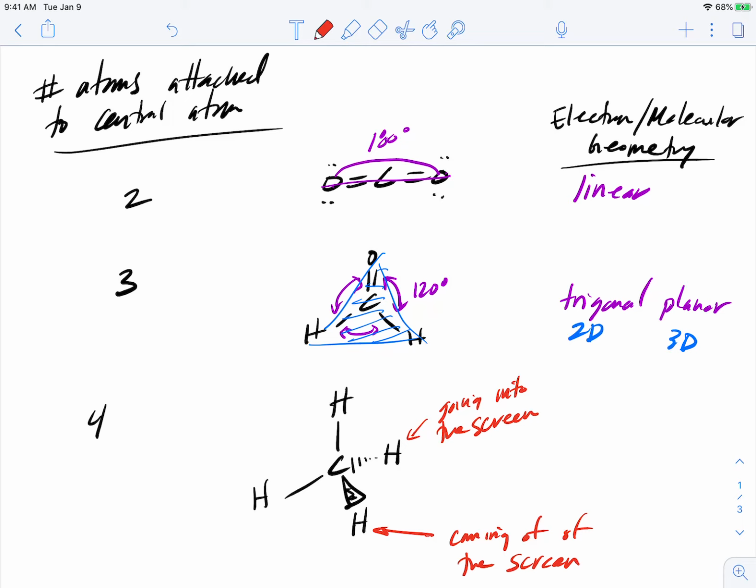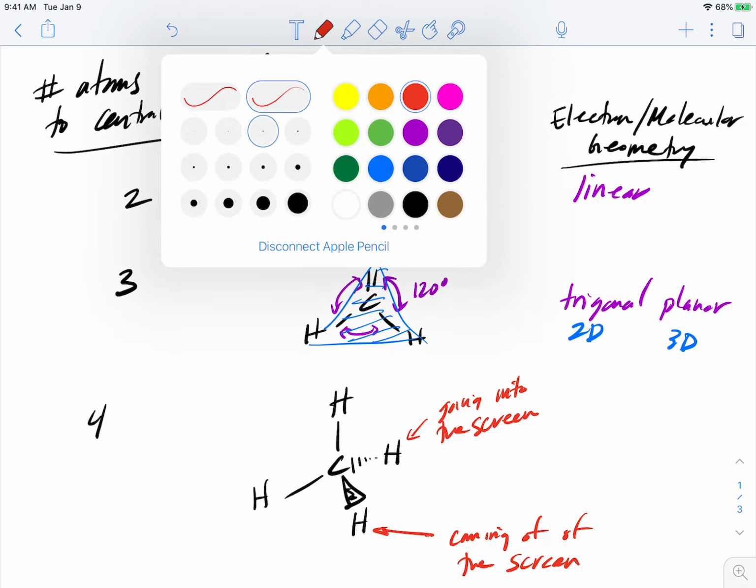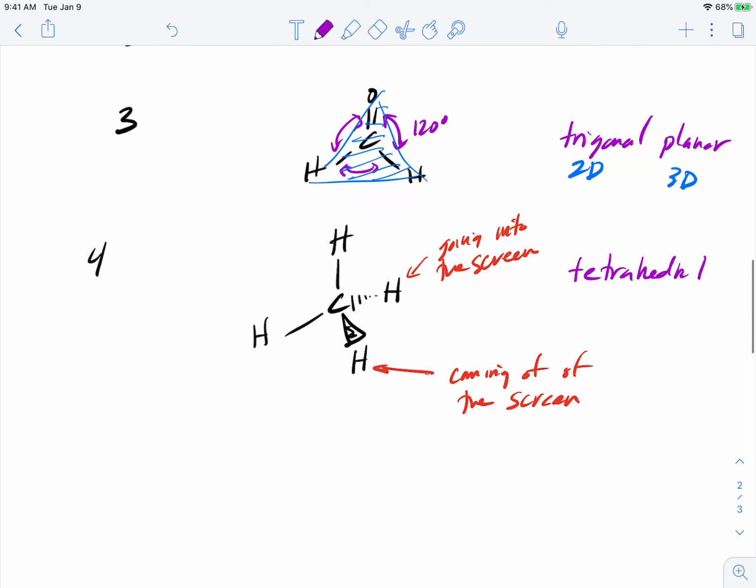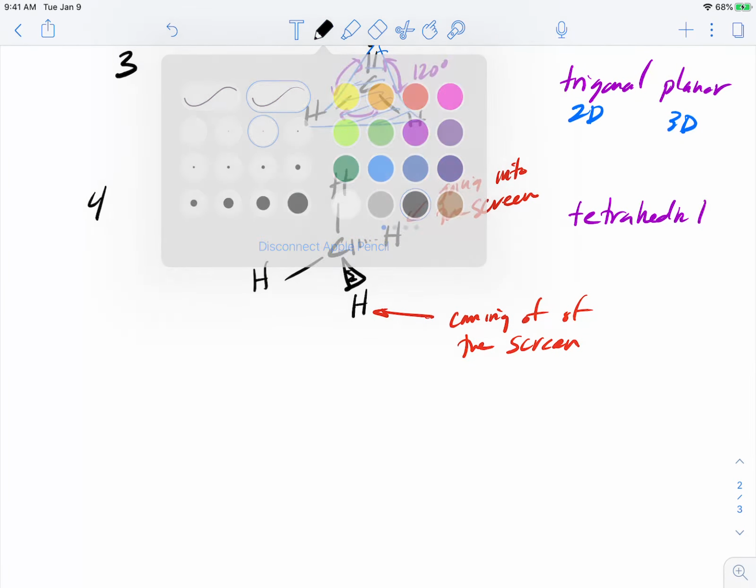You can do it in other ways too, but trying to draw most of the atoms in the plane of the paper or screen can help you so you don't have as many of these wedges and dashed lines. Okay, and then our shape will be tetrahedral here, so that's a little different than what I just showed with the 2D, the 2 name, but tetrahedral.